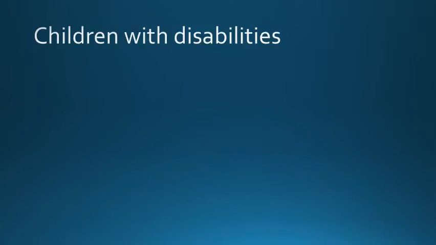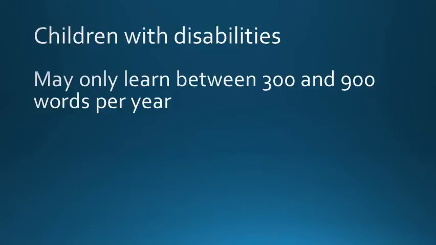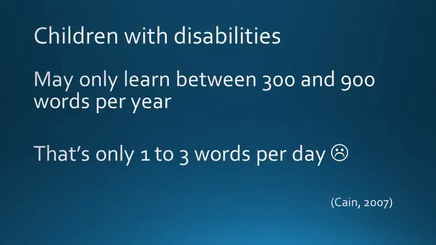Now, let's talk about the children that typically end up on our caseloads. This could include kids with diagnosed disabilities or even children who fall in the at risk category due to their environment or medical history. So these children may only learn between 300 and 900 words per year, which ends up being only 1 to 3 words per day.